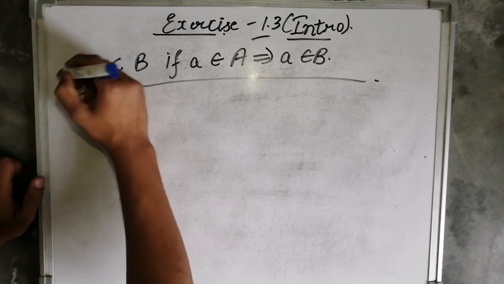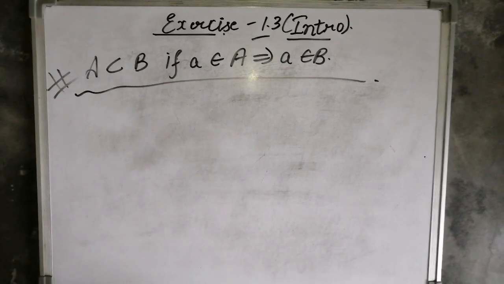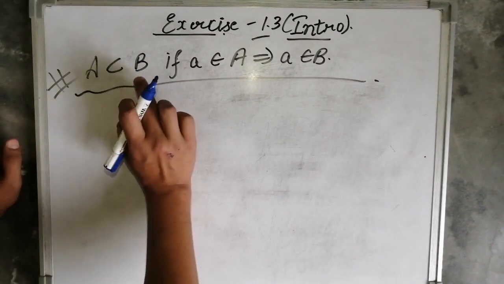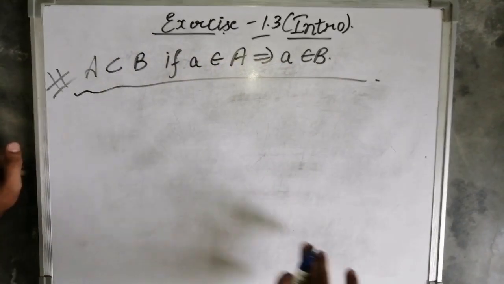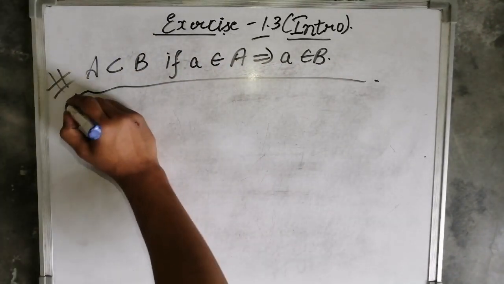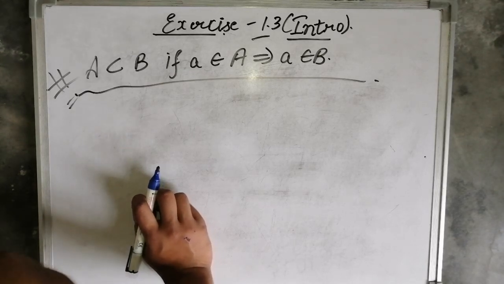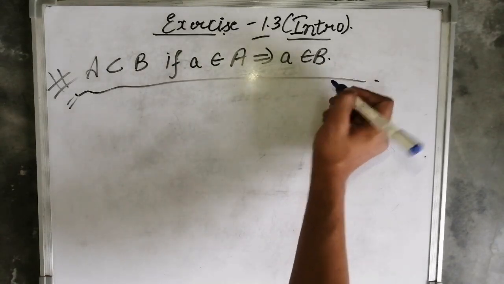I am highlighting it with the hashtag. This statement means that if A is a subset of B, then if a belongs to A, a also belongs to B. Okay, remember this point. This is very important from the exam point of view. Now moving to the next topic, which is subsets of the set of real numbers. Before that, pause the video to note it down.